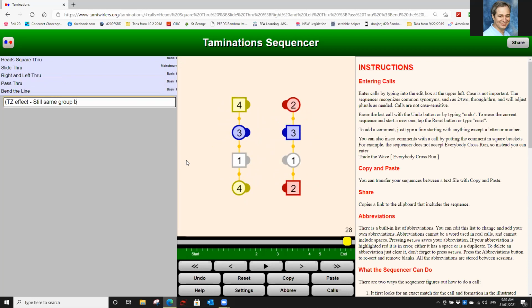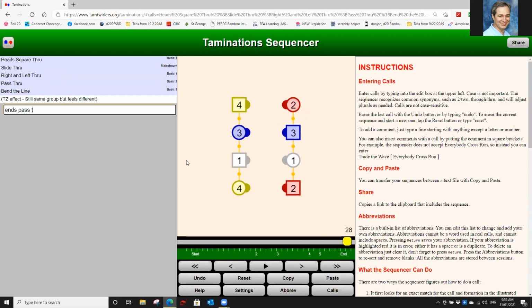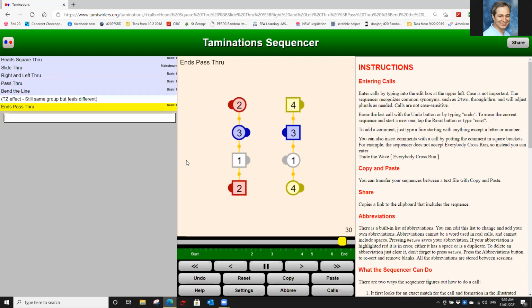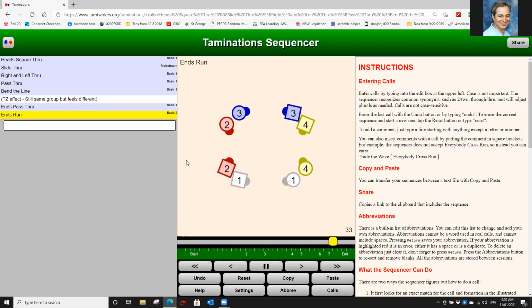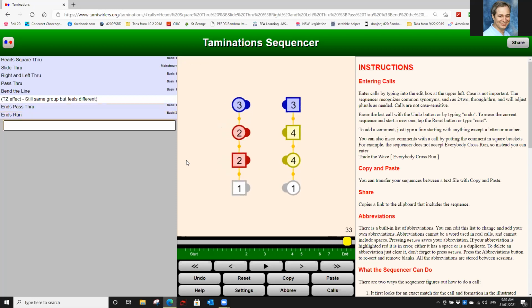Ends pass through. Ends run. New ends box the gnat.